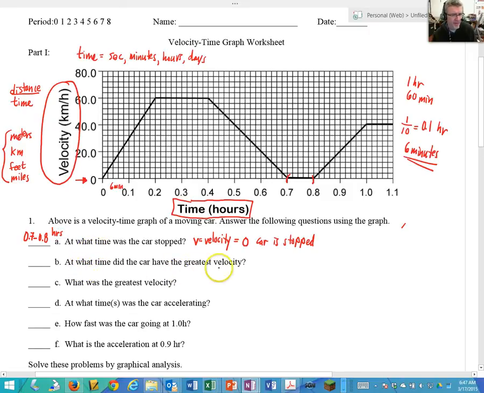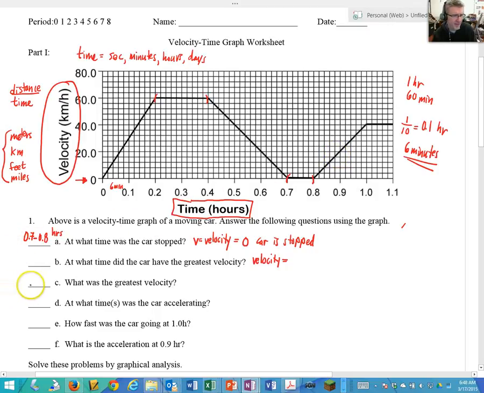At what time did the car have the greatest velocity? So let's just look at velocity. If velocity starts at 0 and increases, we're looking for the highest velocity. It looks like the greatest velocity was 60 kilometers an hour. In other words, all of this up here is higher than everything else on this graph.